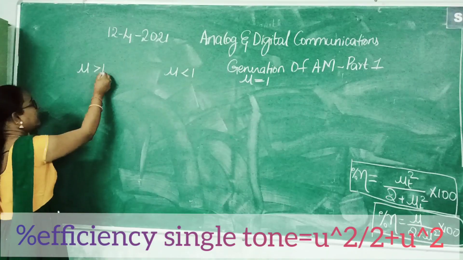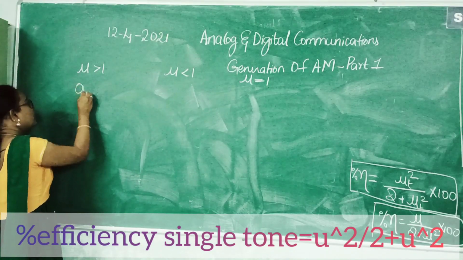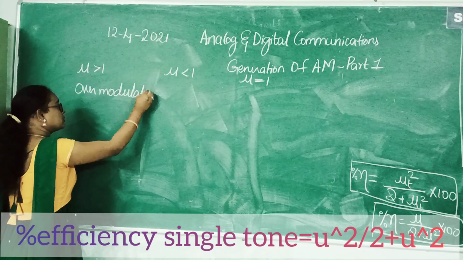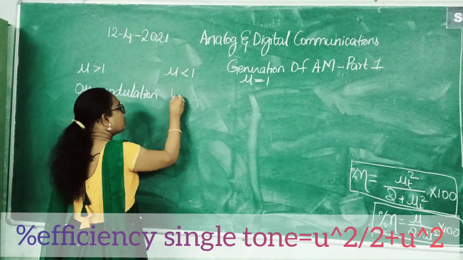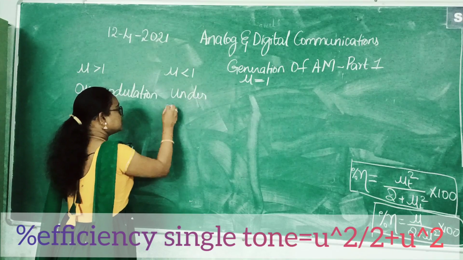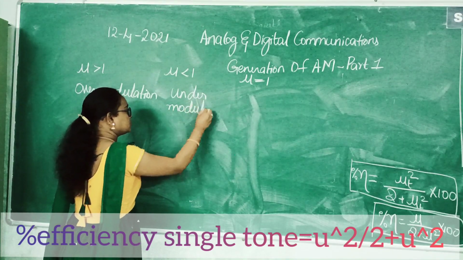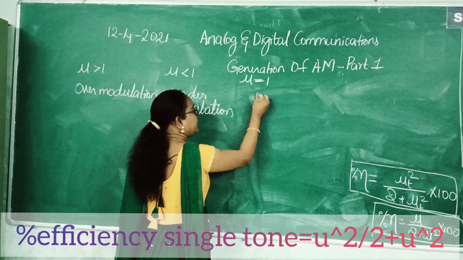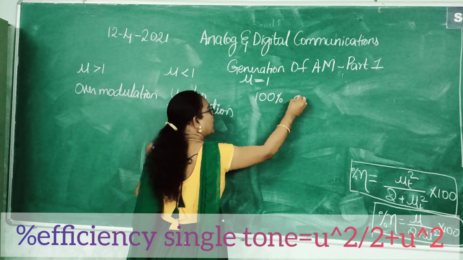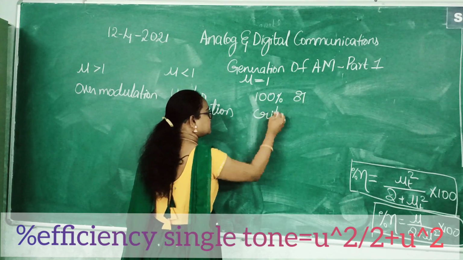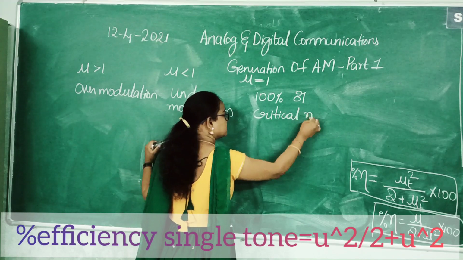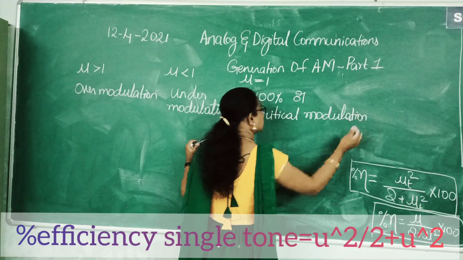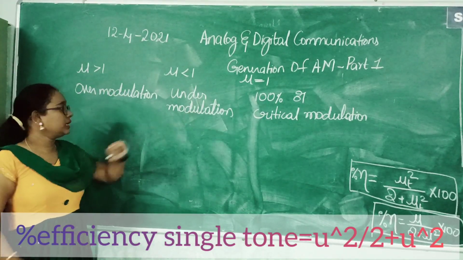Greater than 1 we call over modulation. Less than 1 we call under modulation. Equal to 1 we call 100% or critical modulation.